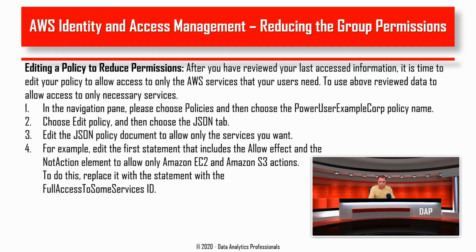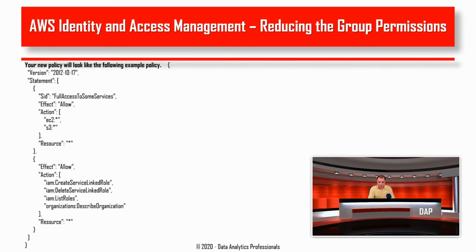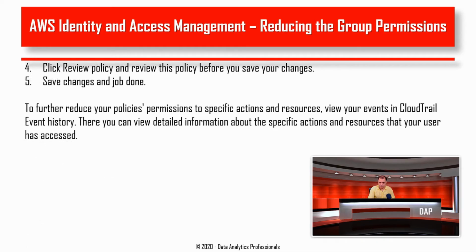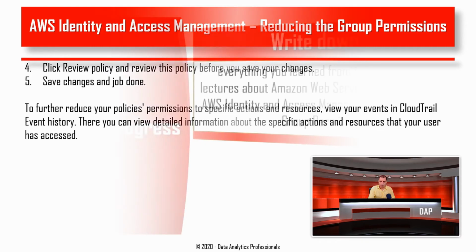That's what we all did. All these actions were performed by us. I have also given you the policy that you need to edit to complete the task of reducing the group permissions, and then reviewing and saving the changes. This is all we have accomplished by now.